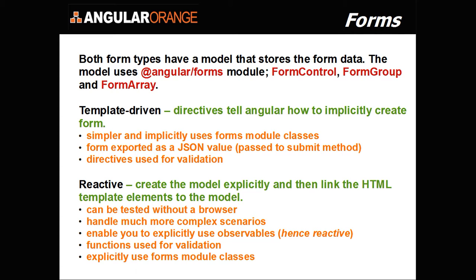Now, I said this implicitly, and I guess I'll say it again. Template-driven forms, all the directives in the template do the validation, map the form fields to the object that's getting submitted, and the validation is all done with directives. So you're really modeling the template and pumping a form object to the back end.